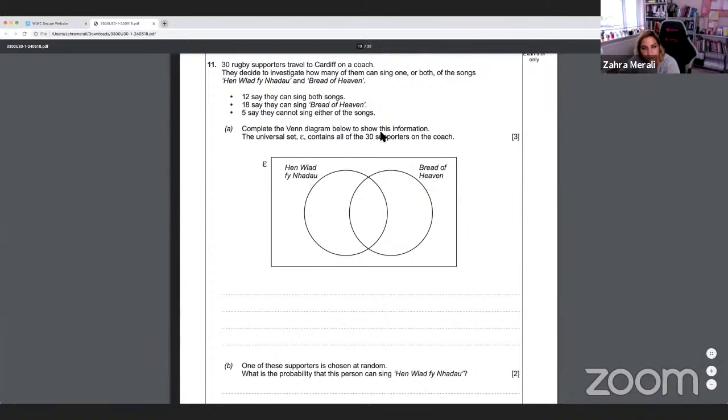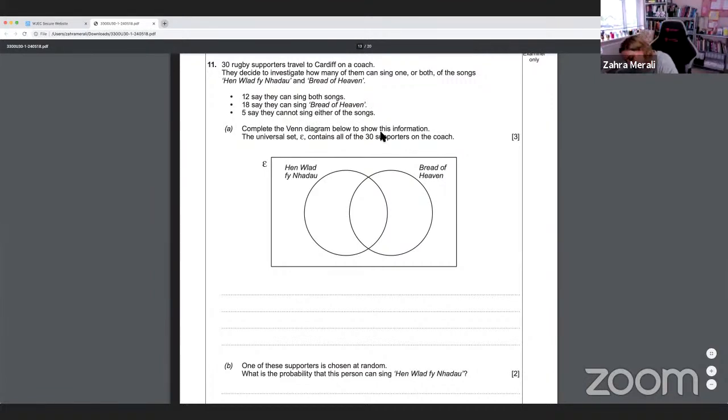Okay, so we've got 30 rugby supporters travel to Cardiff on a coach. They decide to investigate how many of them can sing one or both of the songs. 12 say they can sing both. Now on this diagram, the bit in the middle represents both.